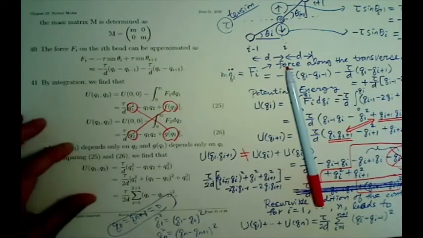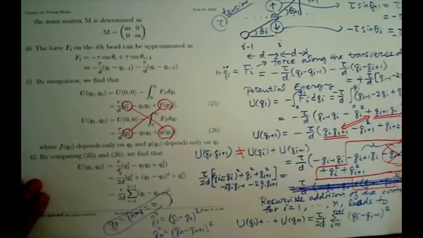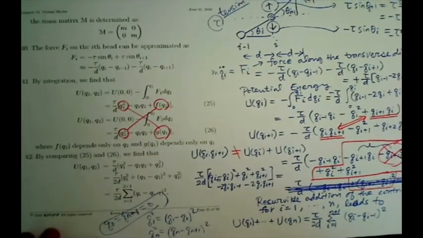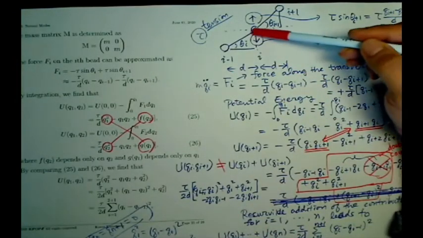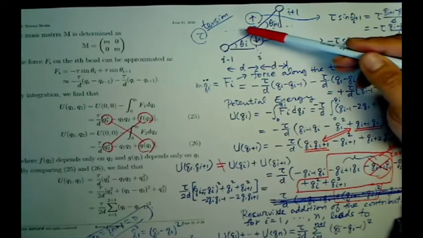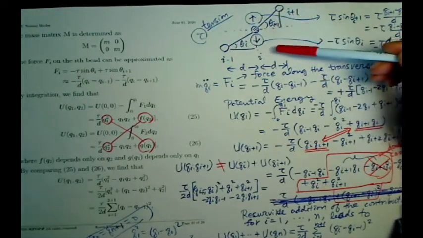Let us consider the equation of motion. The equation of motion can be constructed from this figure. The motion of this bead is only along the transverse direction. The string is attached to this mass.